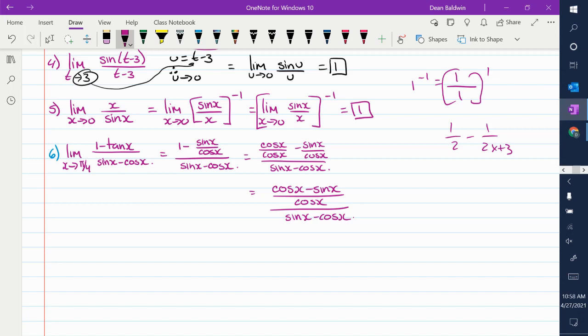What do we do when we have fraction over fraction? Flip. So we get one over. This is going to be the trickiest one you would ever get, okay?